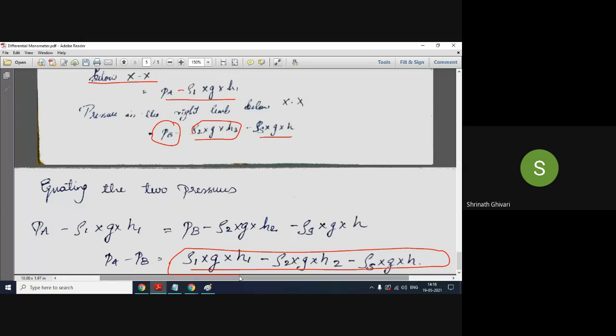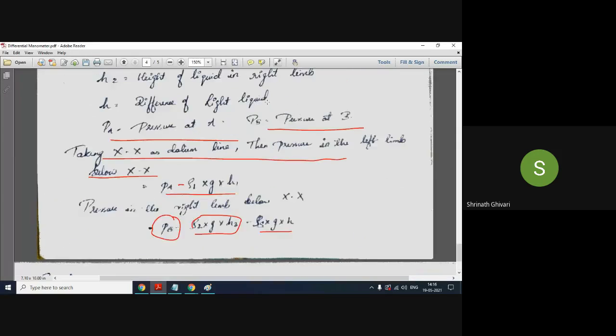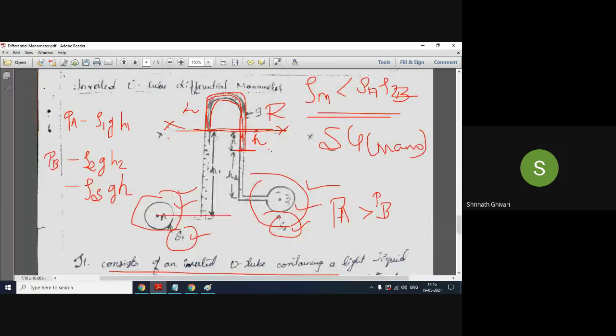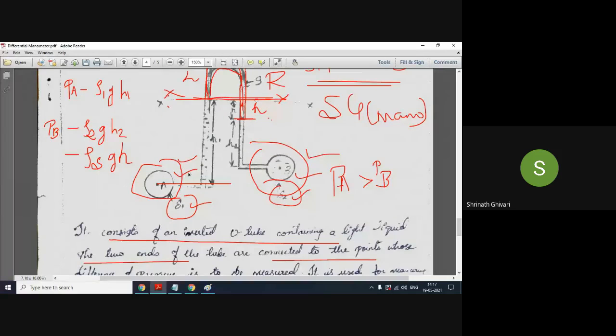What you mainly have to understand is how these values have come, where H1 and H2 are, what the heights are, and how we calculate the pressure at A. It is minus because everything is inverted. When we take the normal one, you go on adding the pressure. Just remember, when it is the same orientation, we add. When it is inverted, it should be negative.